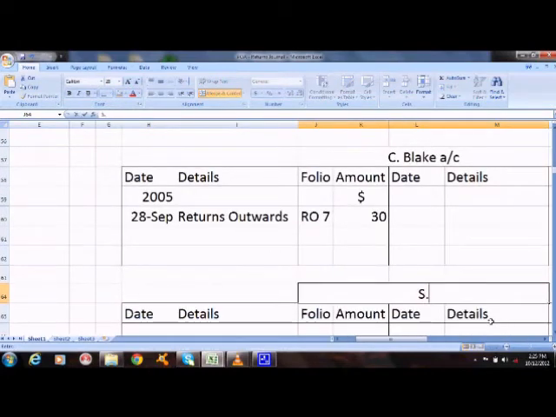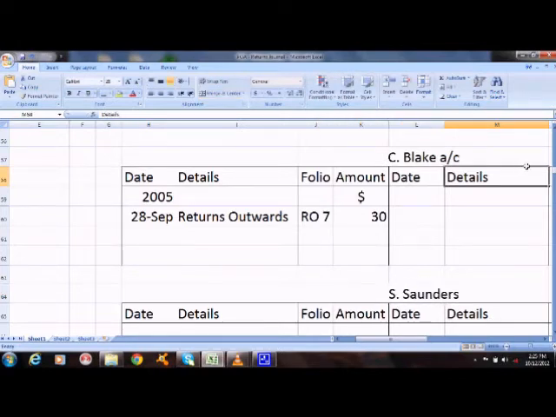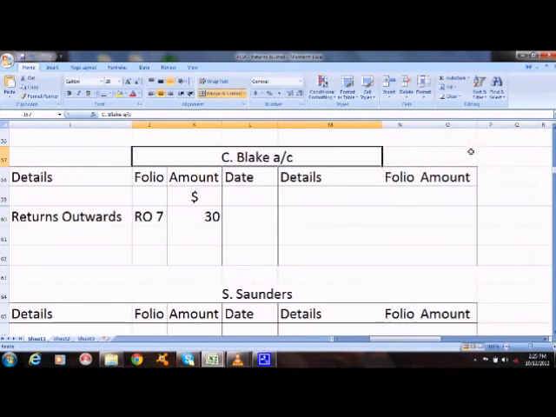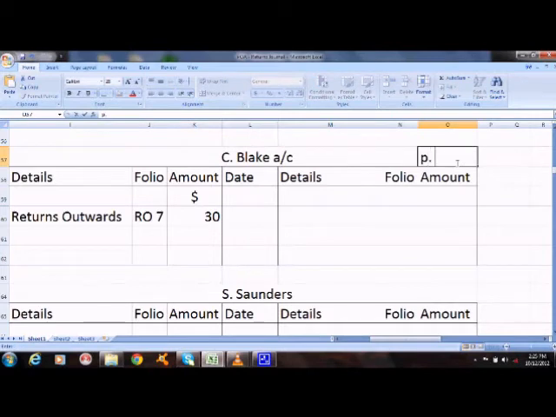Next person is Saunders. Sorry, the page number for Mr. C. Blake is page what? Page 55 of the purchases ledger. So that is P55. And Saunders is page what?